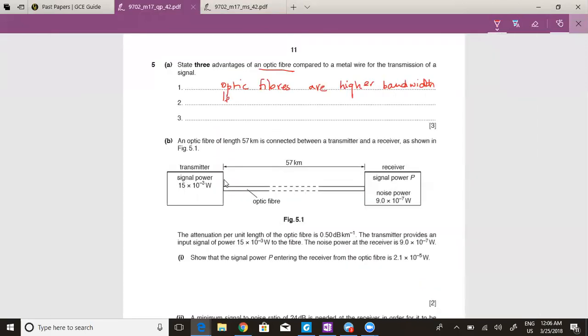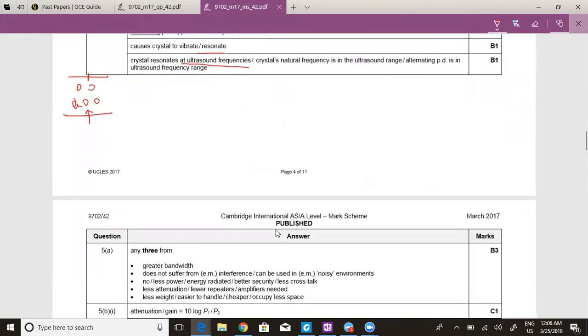It has less interference. In fact, there are a bunch of reasons. It's cheaper if you have multiple users. So you can see it has greater bandwidth, does not suffer from interference. It's less weight, easier to handle, less attenuation, less power needed.